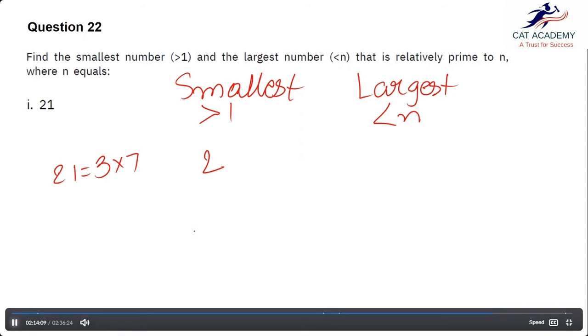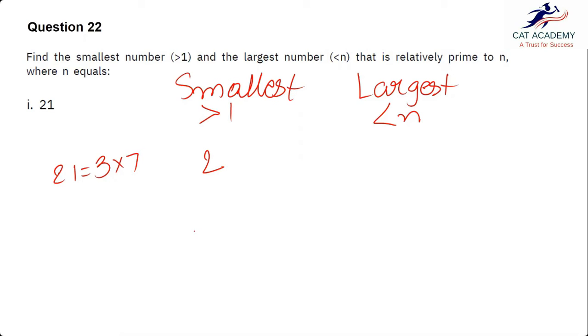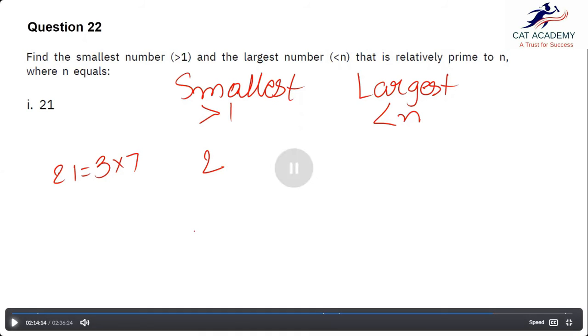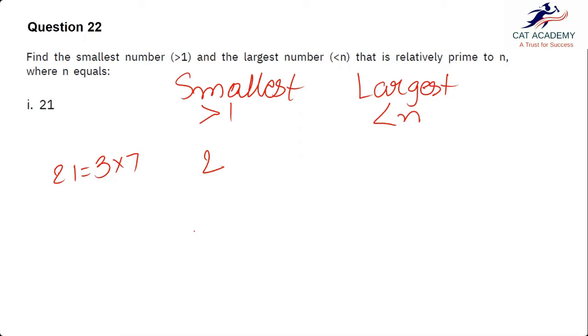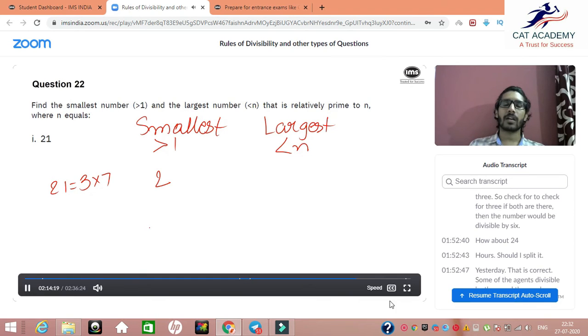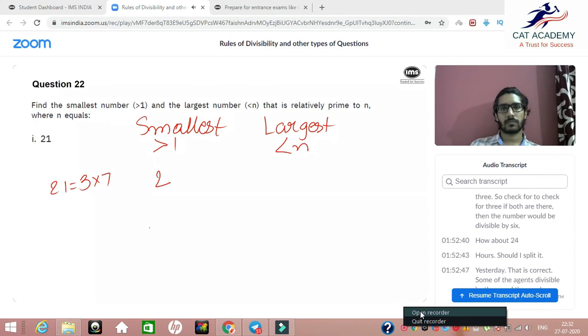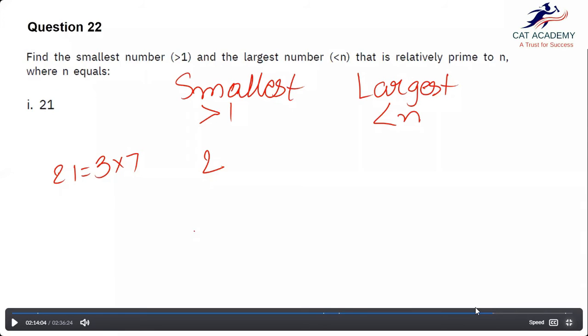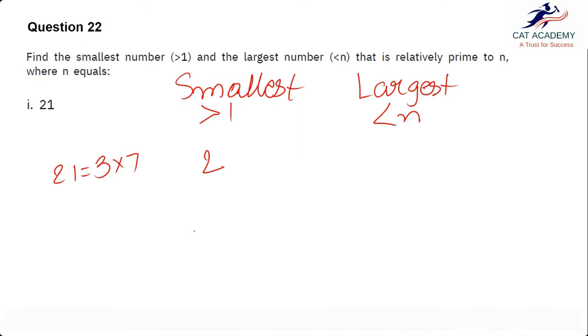So, if I say that there are two numbers which are as close as possible, and both of them are divisible by 2, then what is the least gap between the two numbers?